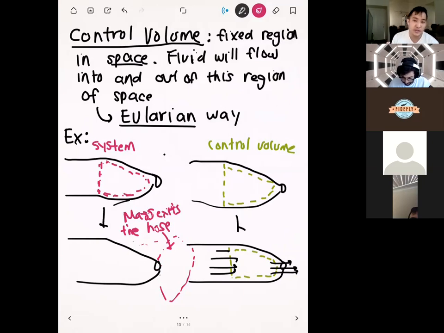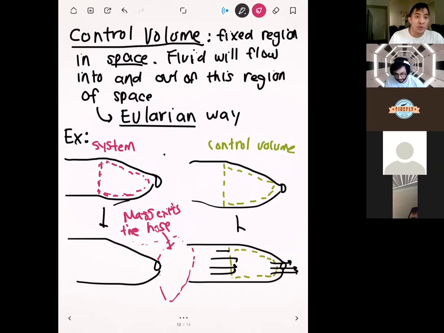You can think of it as stalking this amount of mass. As soon as we turn the hose on and this amount of water leaves the hose, we're going to keep following it no matter what. So this fluid comes out, we follow it, and that's what it means to have a system: you have a fixed amount of mass and you just follow it.